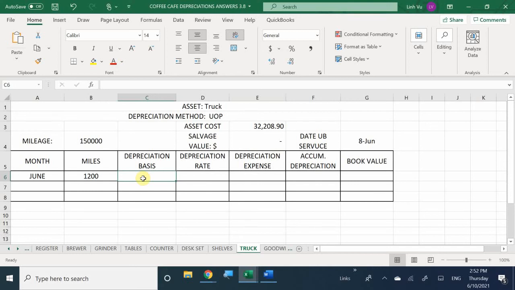How do I solve for my depreciation basis? 12 divided by 7, or 7 divided by 12? Not in this context, no. Depreciation basis.